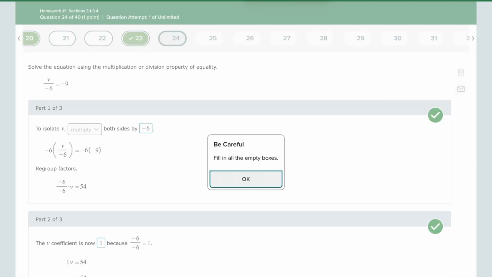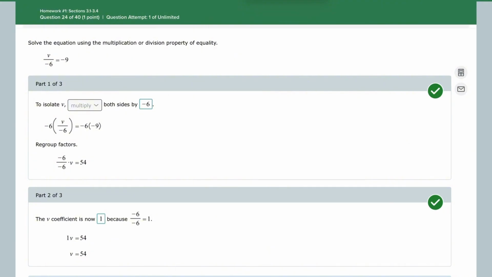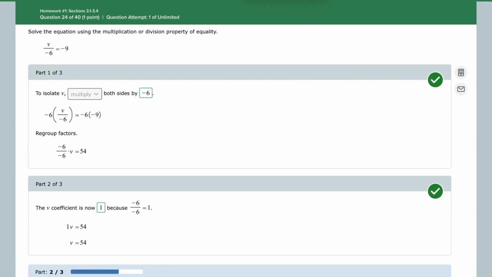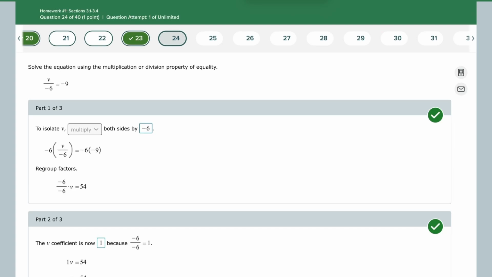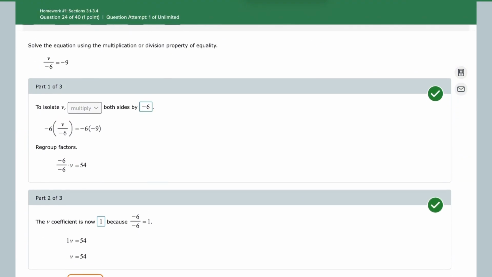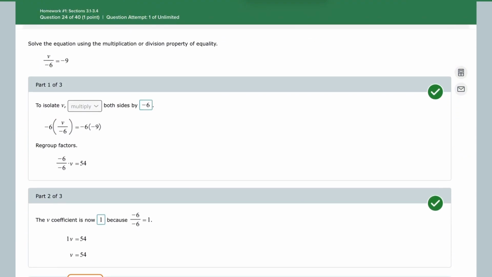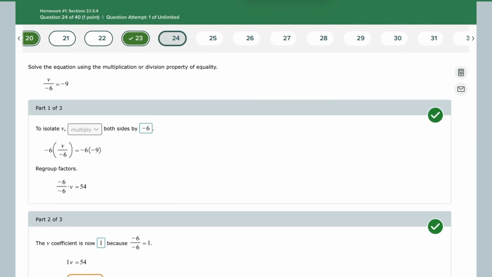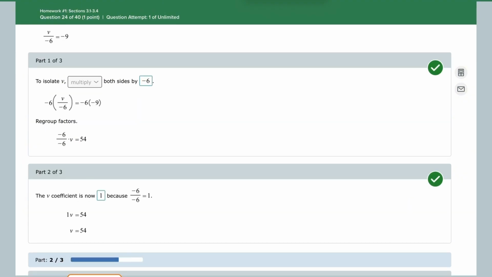And then, oh, did I miss something? The V coefficient is now 1. So I'm not sure what it is giving me an error for. I have a 1 inside there.